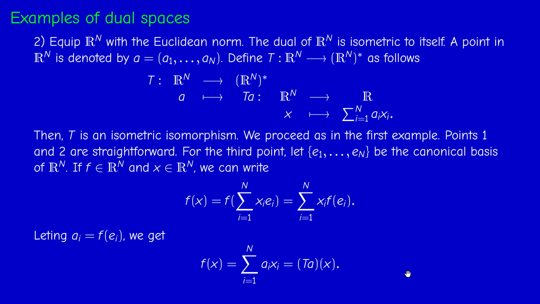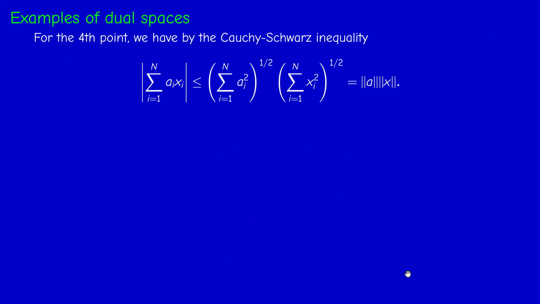Okay, so same thing, same methodology. And fourth point, the first inequality is a consequence of the Cauchy-Schwarz inequality. So in absolute value, this dot product is less than the Euclidean norm of A times the Euclidean norm of X. This is the Cauchy-Schwarz inequality.